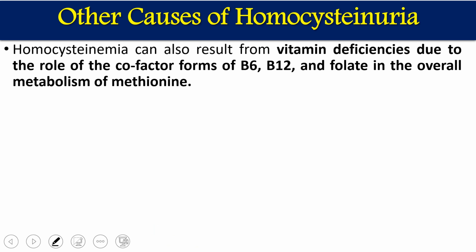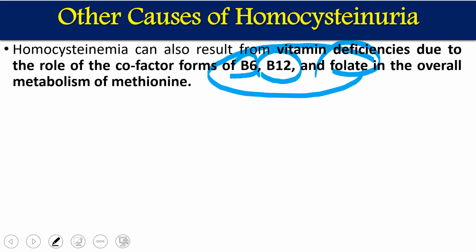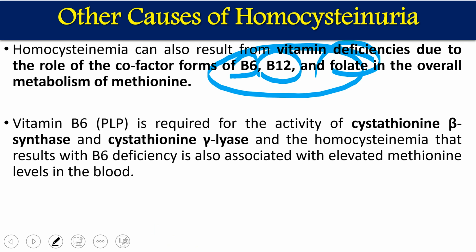So in case of deficiency of these vitamins, these enzymes will be non-functional or their activity will be reduced. Once their activity is reduced, the homocysteine is going to accumulate. That is also another reason by which homocystinuria happens.